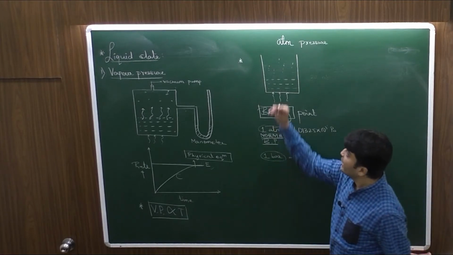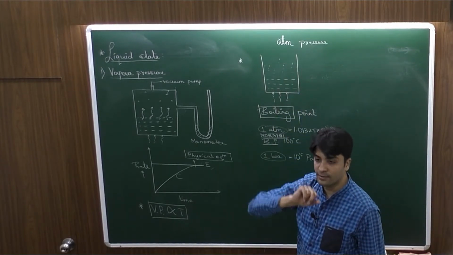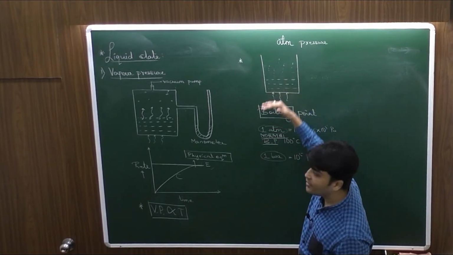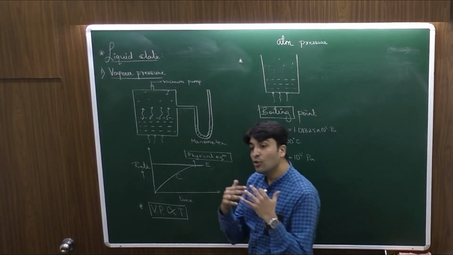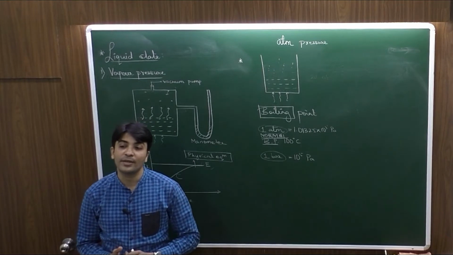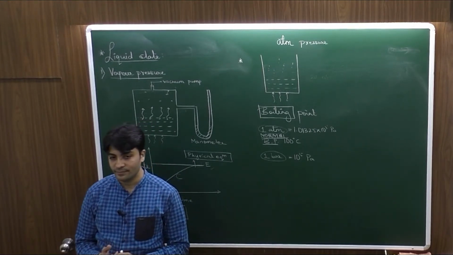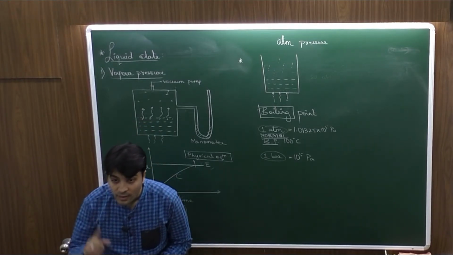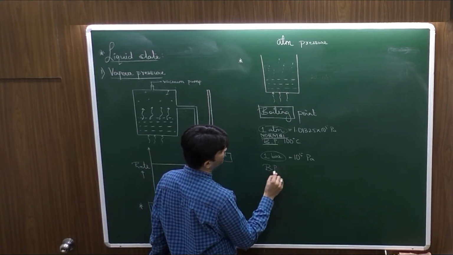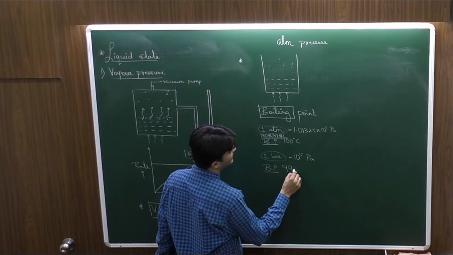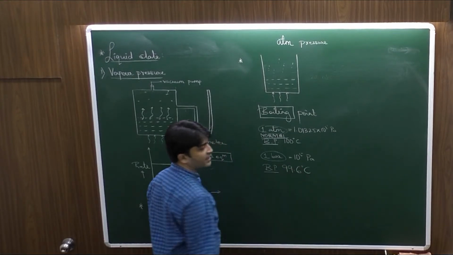Now understand, if the atmospheric pressure is lower, then the amount of heat required to boil will be lesser. So at the lower atmospheric pressure, the boiling point is lower. Understood? Listen now. So at 1 bar, when we measure the boiling point of water, it's found to be 99.6 degrees Celsius.